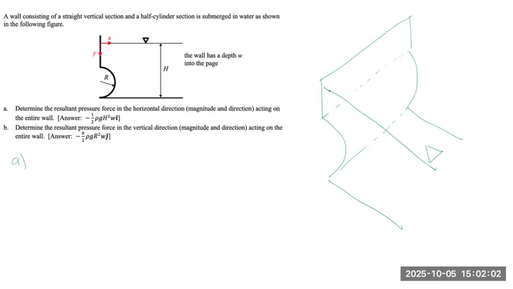Basically, we want to know what the projection of this area is. And as you see, it is a rectangle because if you project this area onto a surface, it's going to look exactly like a rectangle.